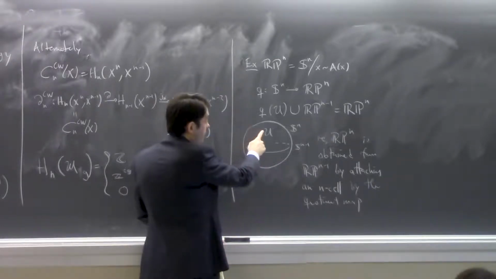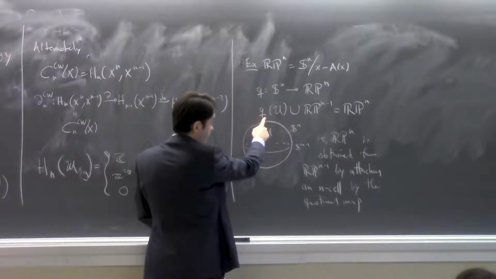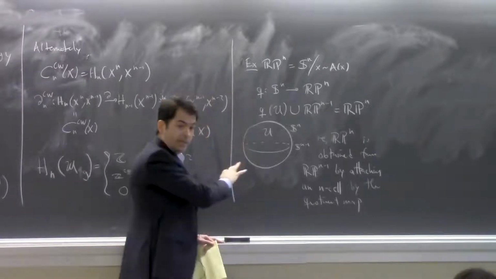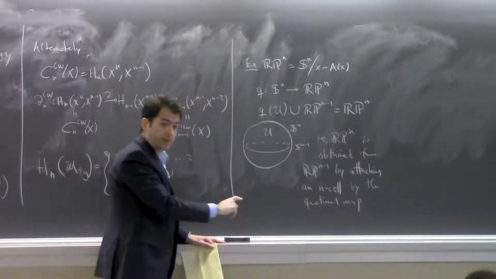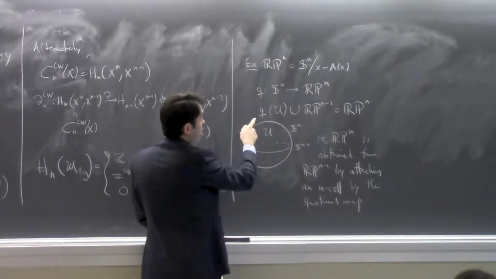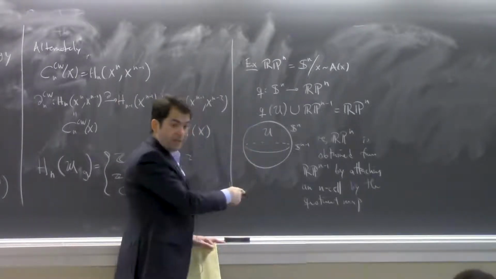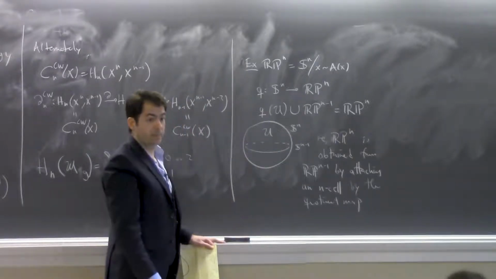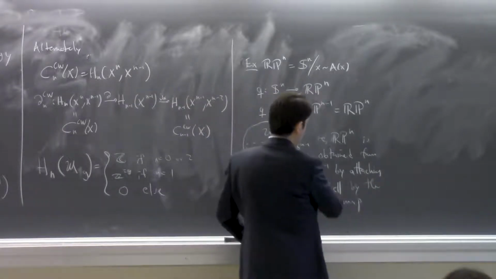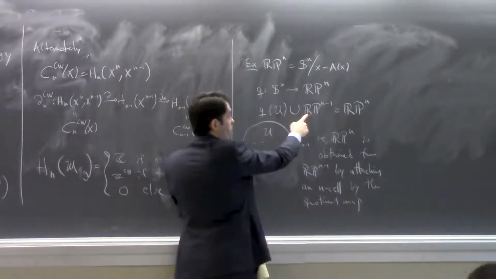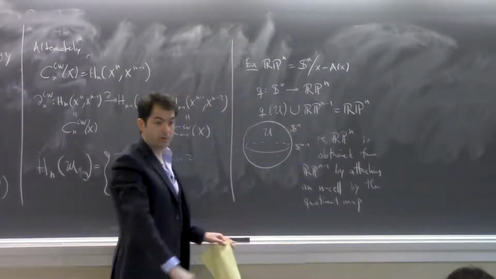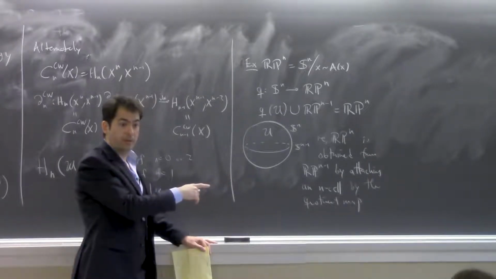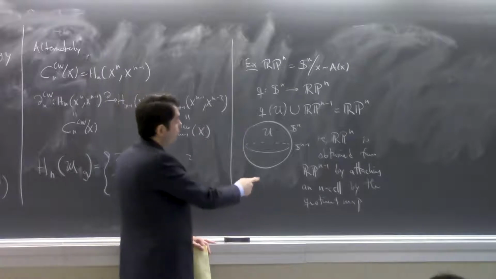It's just taking one copy of each of these points. You're only making identifications when you get down to the boundary. So you can think of RPn as taking Sn and making this identification, or of taking the disk and identifying points on its boundary, which is what RPn minus 1 does. So making those identifications on the boundary gets you RPn minus 1, and you're really just attaching the disk to RPn minus 1 by this quotient map, and you're getting RPn.